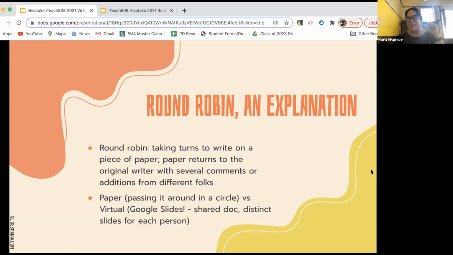And I'll explain why it might be better than some other tools. But Google Slides is really easy to see, especially if you put your name on it: this is my slide and not someone else's slide or document.